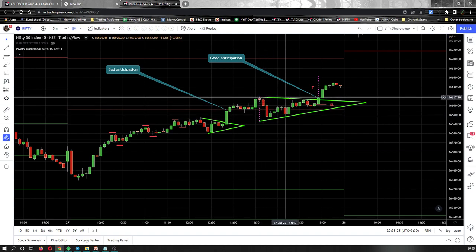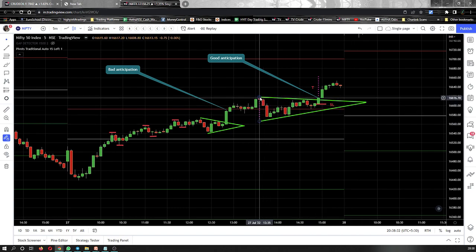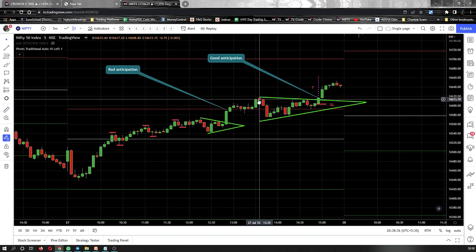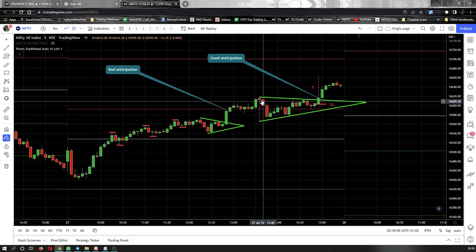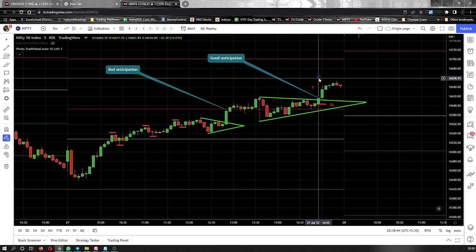So you draw the upper trend line and the lower trend line, right? From the top to the bottom, this gap, if the gap is 10 rupees, then your target should be 10 rupees after the breakout.